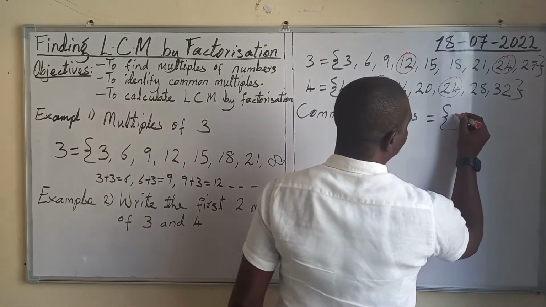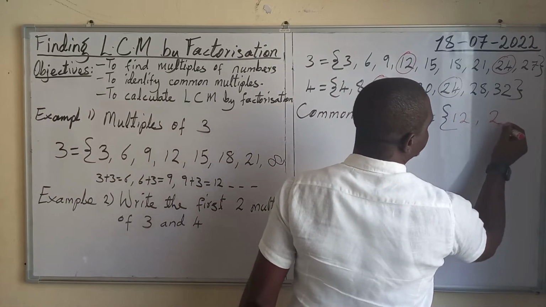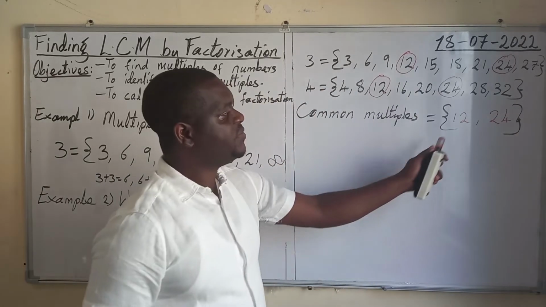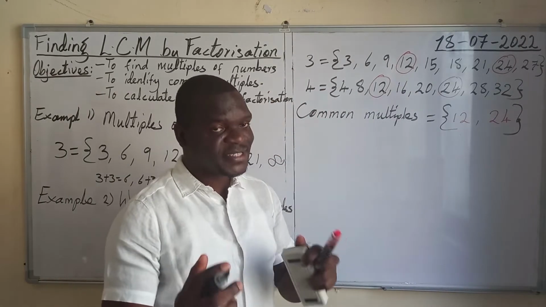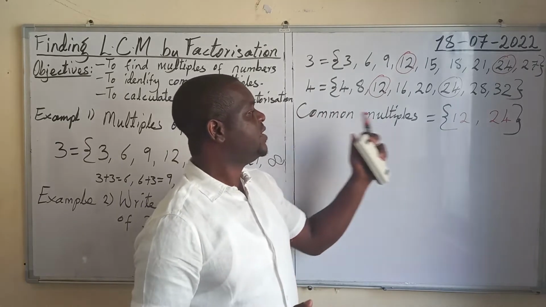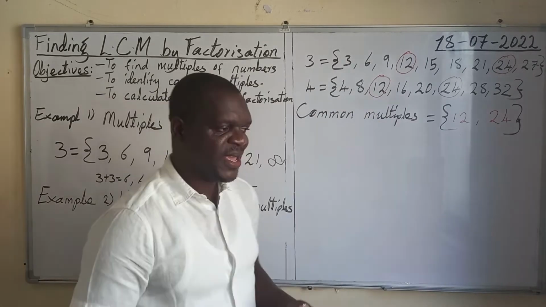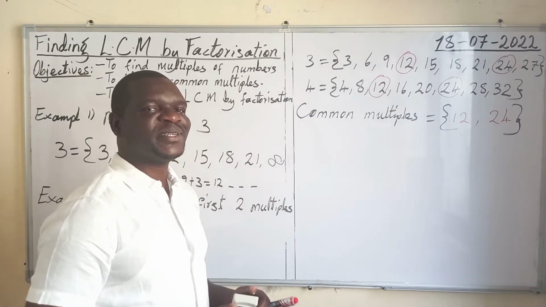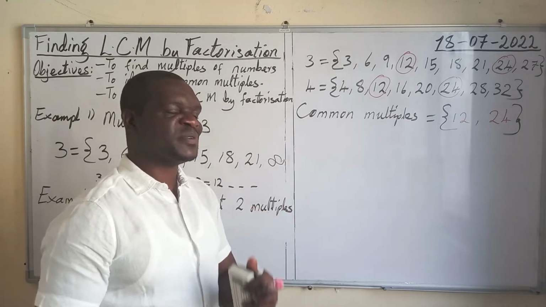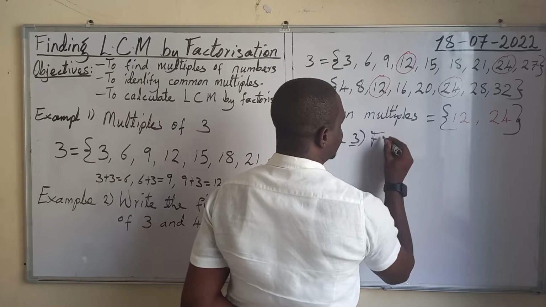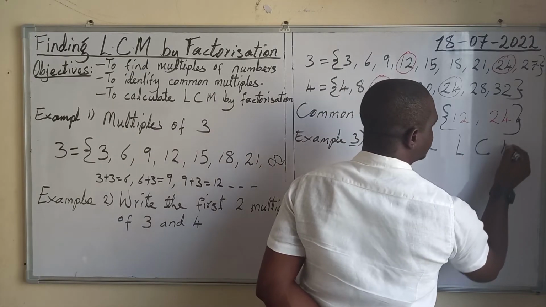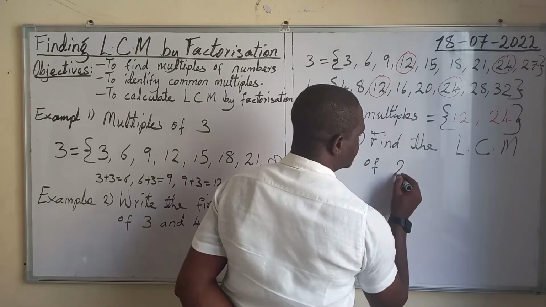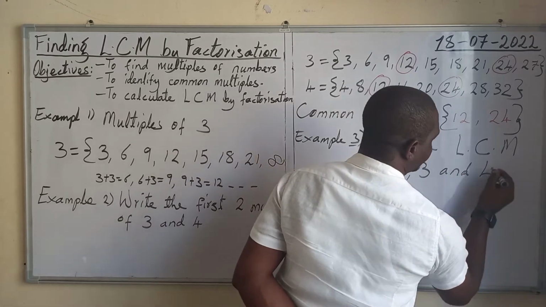So here we have 12 and 24. 12 and 24 are the first two common multiples of 3 and 4. With this, let us look at the third example, which is the least common multiple of 3 numbers. Find the lowest common multiple of 2, 3, and 4.